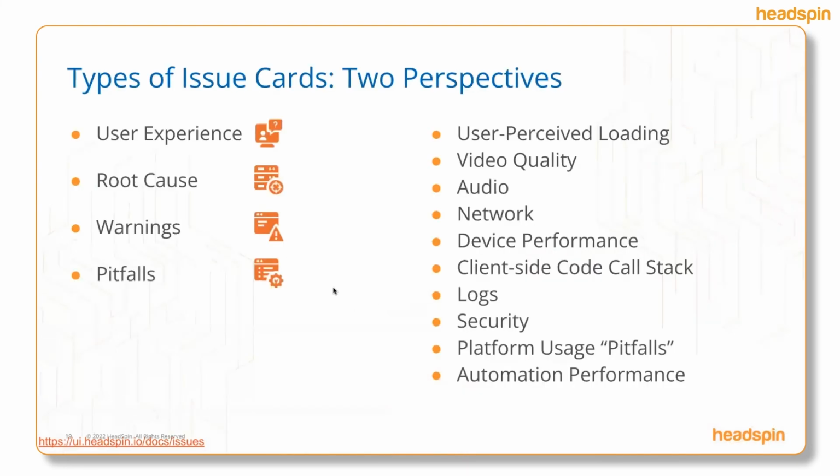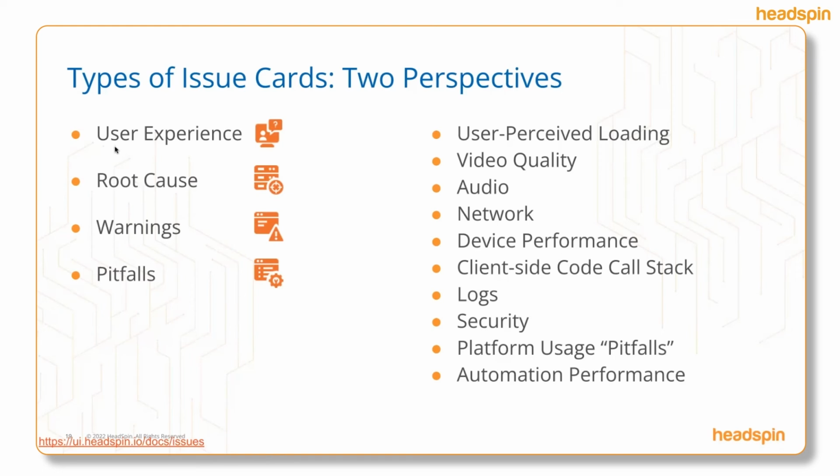So I just want to take two perspectives on the types of issue cards. On the left-hand side, we have the groupings that we use to group similar types of issue cards, from a usability perspective, I guess you could say.